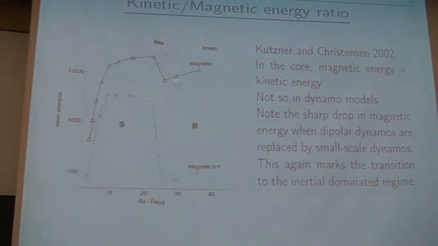But as soon as you go from that regime back to the strongly dipolar regime, as you'd imagine from the name, a substantial fraction of the energy is in the dipolar part, and the kinetic energy is now falling below the magnetic energy. So we're getting what are called super-equipartition magnetic energies here, i.e. magnetic energies which are greater than the kinetic energies, which, as I explained, is what you expected in rapidly rotating dynamos.